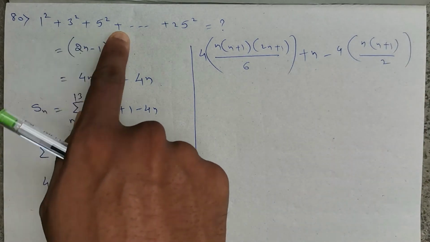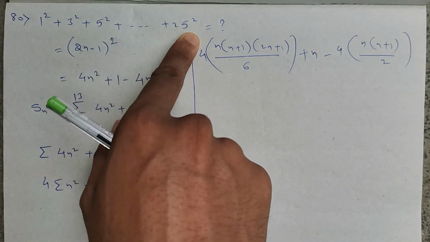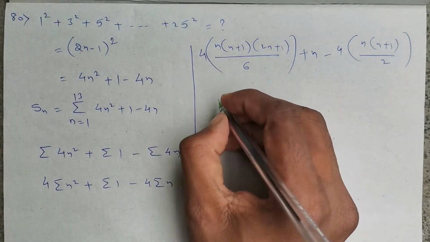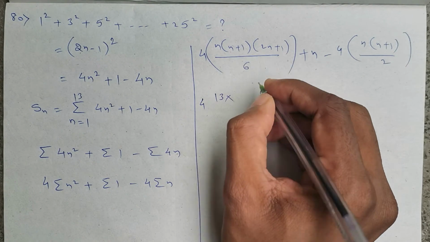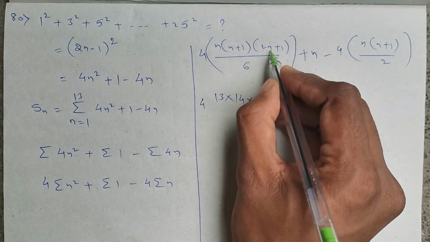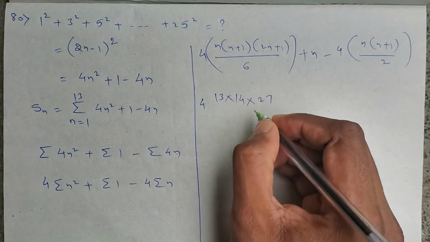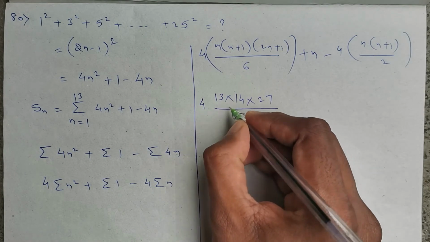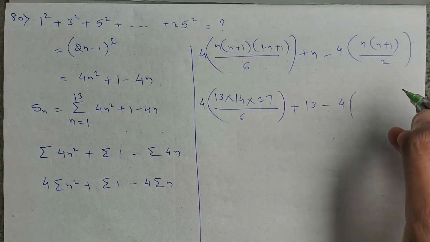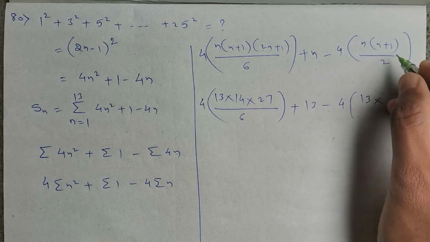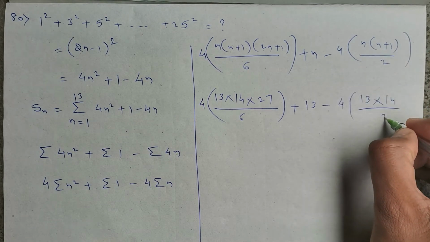We know very well total 13 odd numbers are there in the series, so n value is 13. 4 into 13 into 13 plus 1, 14, into 2 13s are 26 plus 1, 27, whole divided by 6, plus n value 13 minus 4 into 13 into 13 plus 1, 14, divided by 2.